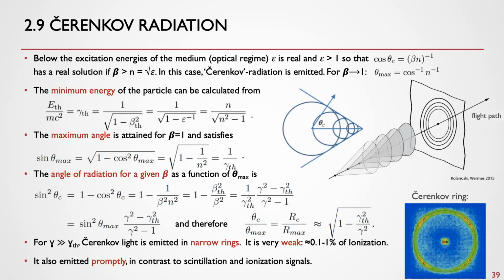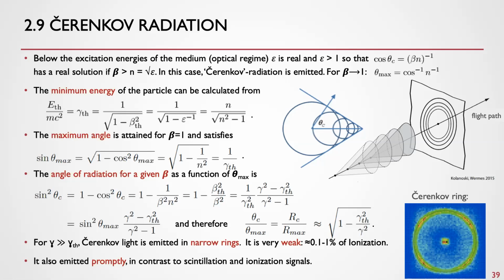It is also emitted promptly. That means at the moment the particle travels through the material, so one can use it for timing. That's in contrast to scintillation and ionization signals, because both the scintillation and ionization signals are deposited somewhere in the material, and the signal does not travel with the speed of light like the Cherenkov light does, but rather stays in place and then drifts.